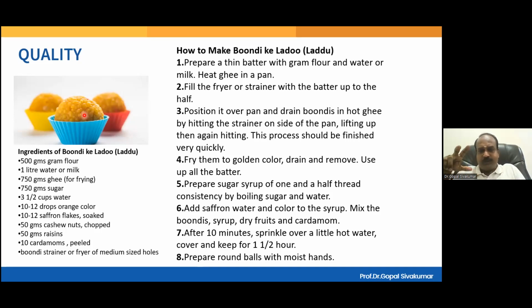If you want laddus to have consistent quality throughout the year, every day the incoming raw material should be tested. The process should be under control, isn't it? Otherwise, one particular day, all your laddus will be bad, and then you will lose heavily your money.